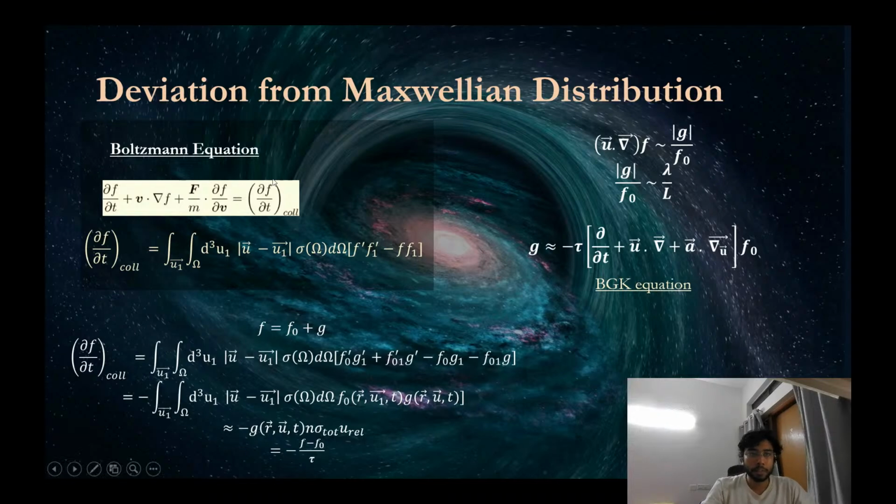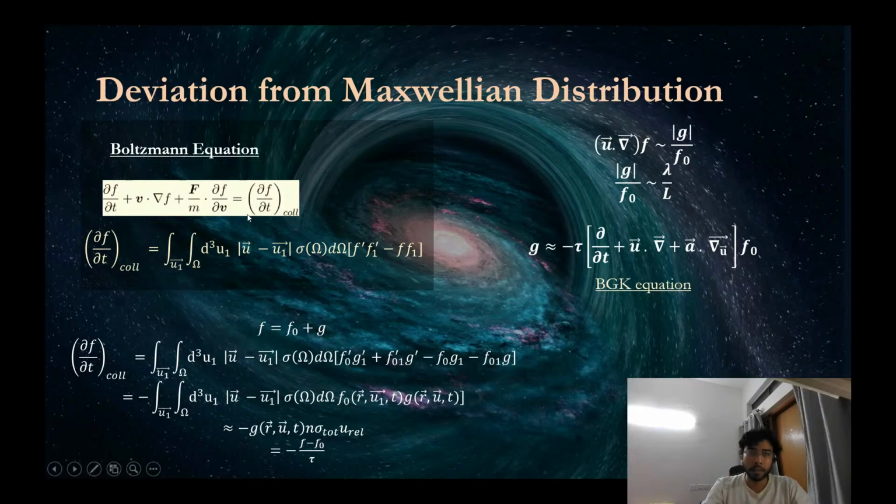If you remember, this was the Boltzmann equation which we studied in week one, and this was the expression for the collision integral del f by del t. In week two, we derived the Maxwell distribution from this Boltzmann equation, and we said that any distribution of particles in equilibrium will take the form of a Maxwell's distribution.